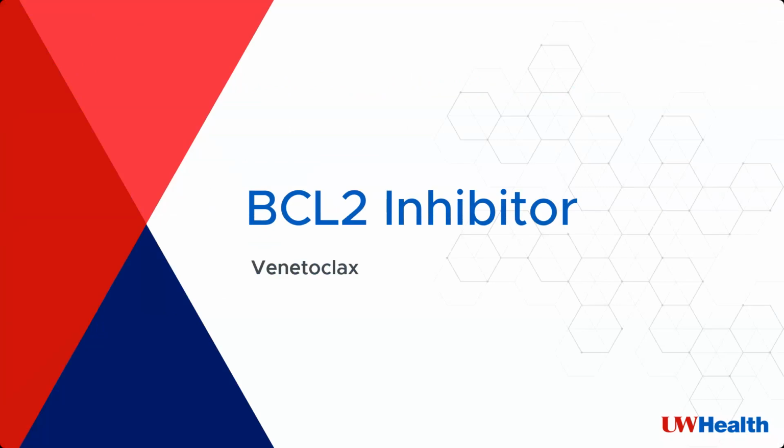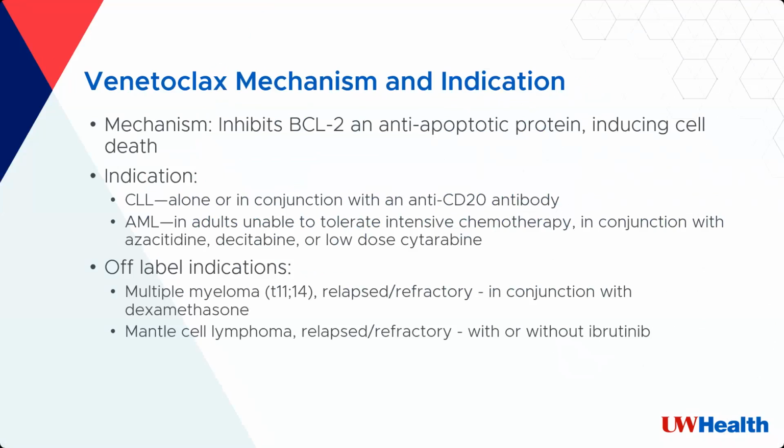Our next few slides, we're going to go over our BCL2 inhibitor, venetoclax. So venetoclax inhibits BCL2, which is an anti-apoptotic protein, resulting in cell death. Its FDA-approved indications include CLL. You can use it as monotherapy or in conjunction with an anti-CD20 monoclonal antibody.